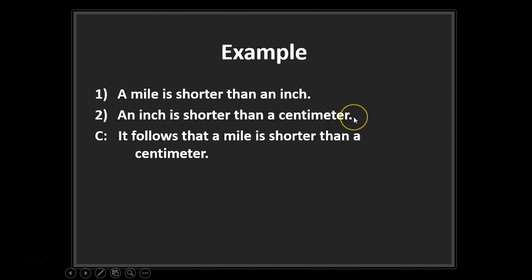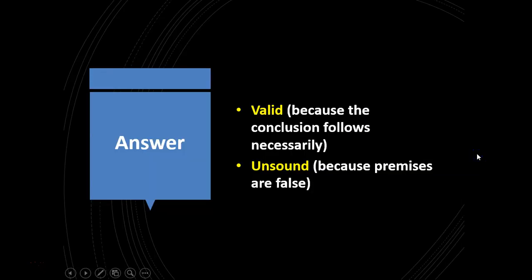If those two were true, it would have to be the case that a mile was shorter than a centimeter, right? So this argument's valid. That means you have to fact check. Is this true? No. And that's all you need, one false premise, to make it unsound. But it turns out that's not true either, nor is this. So this argument is valid, but unsound.